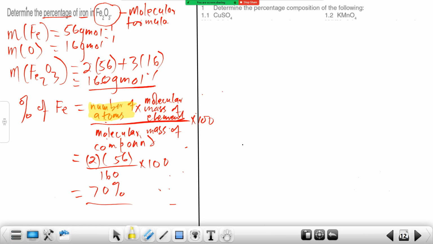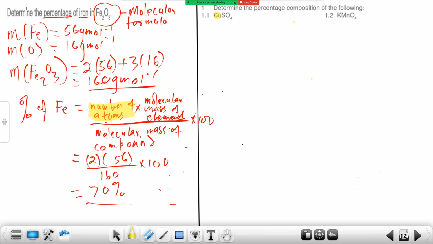For each question, I'm going to highlight the element that you must calculate the percentage composition for. We only calculate for that one because the procedure and the approach is basically the same. This should be done in the next 4 minutes.